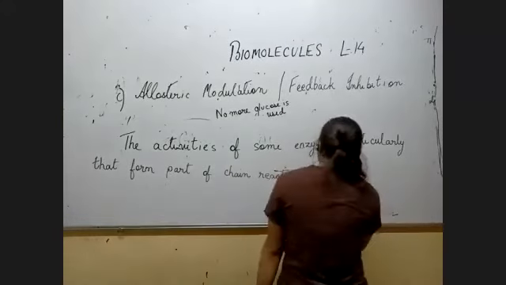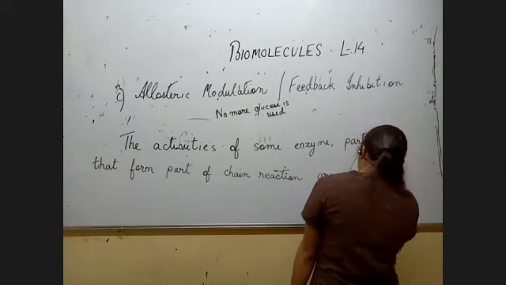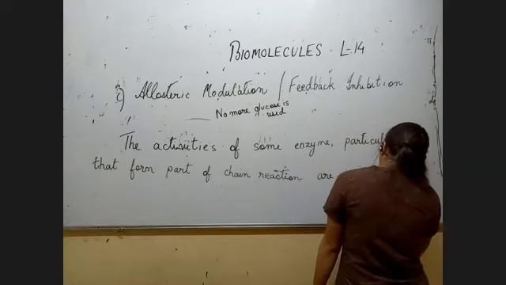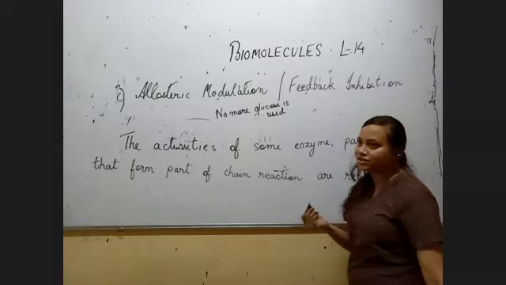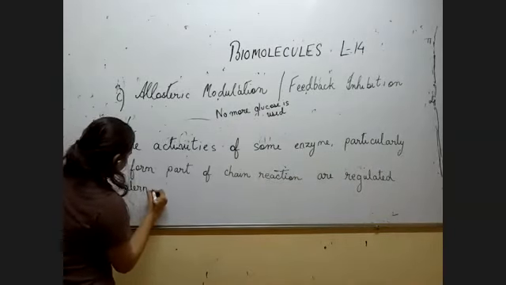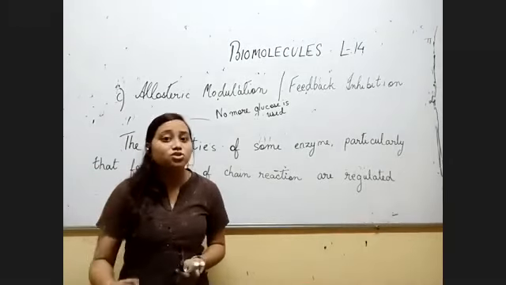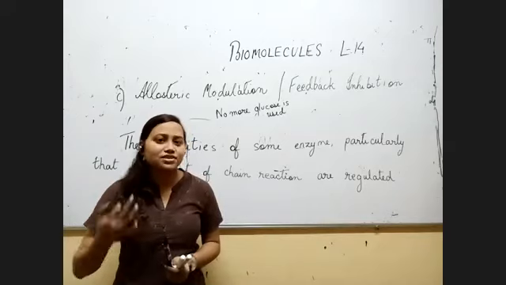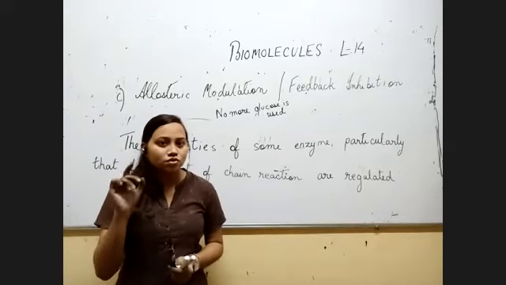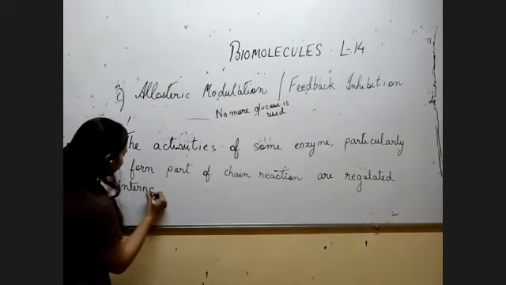Who was regulating the enzyme's activity in our example? Hexokinase is the enzyme, and its activity was regulated by glucose 6-phosphate.